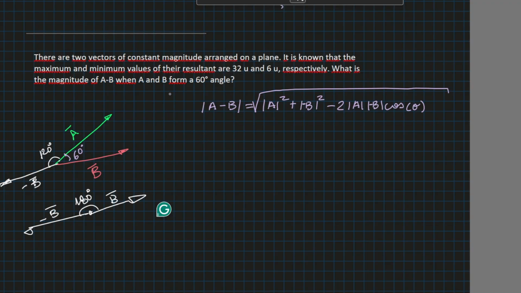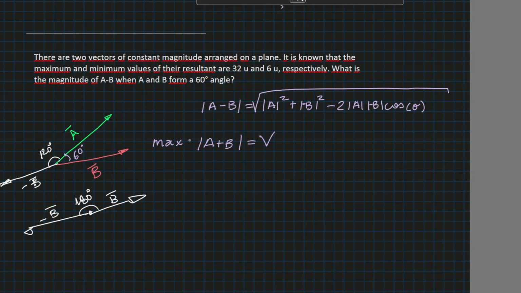It says that it's known that the maximum and minimum values of the resultants are 32 units and 6 units. So the maximum is when A plus B, right? The maximum.